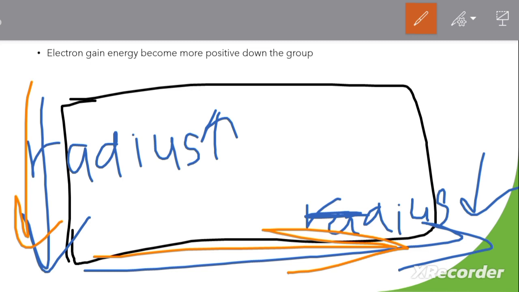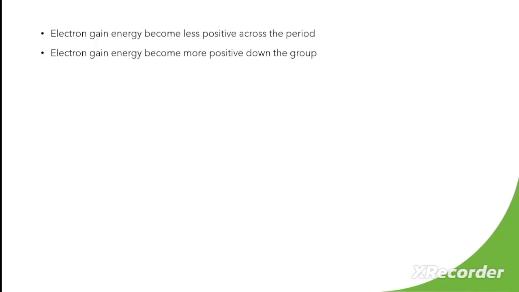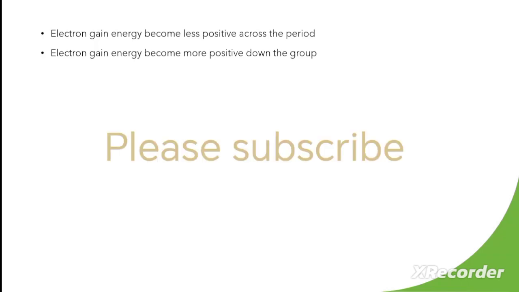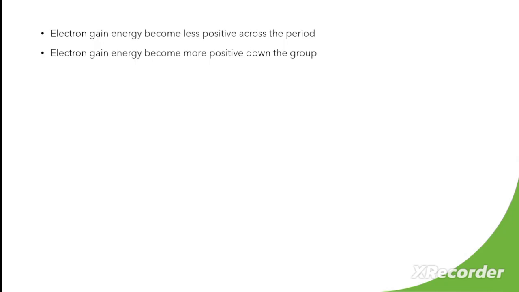When atomic radius increases, electron gain enthalpy becomes more positive. So here negativity becomes less down the group. So these are the two periodic trends that you should know. Remember that across the period electron gain energy becomes more negative, and down the group electron gain energy becomes less negative.